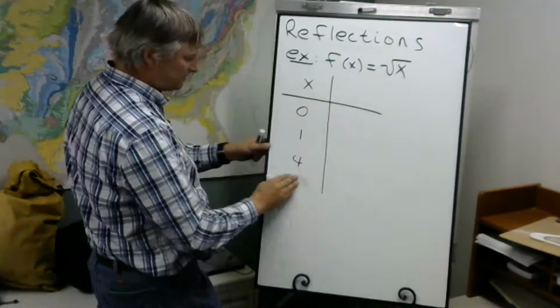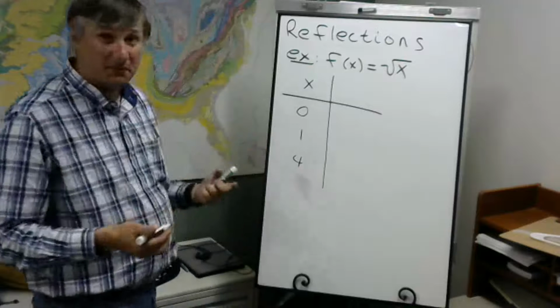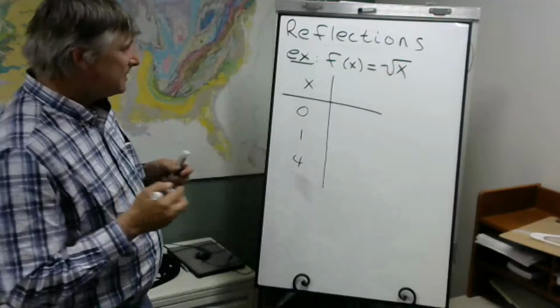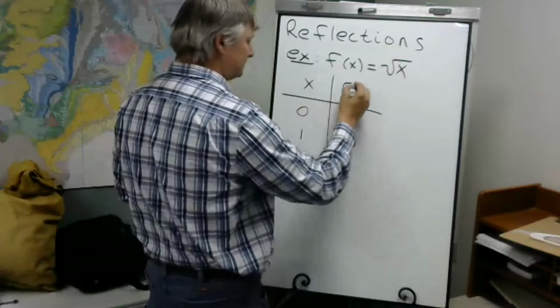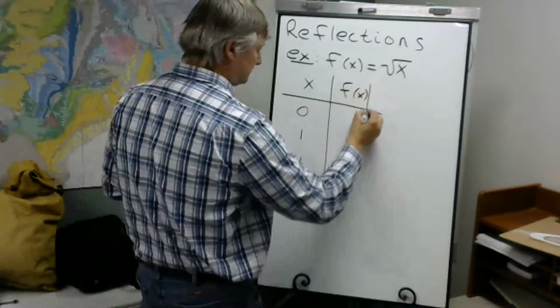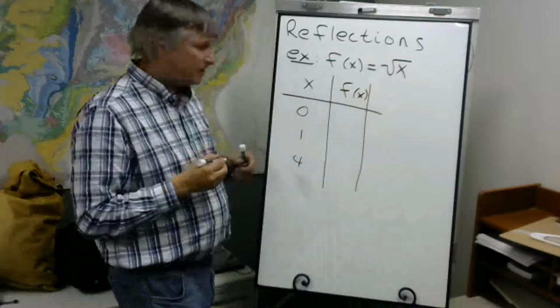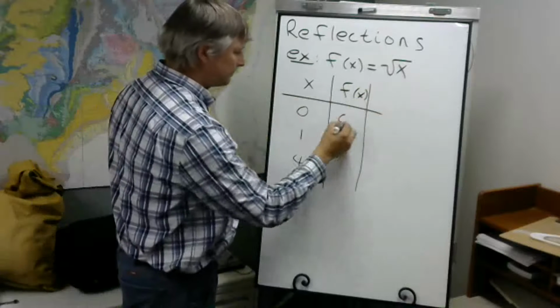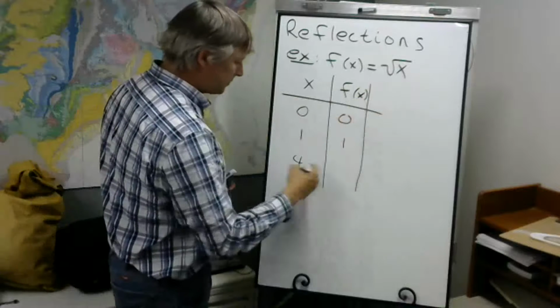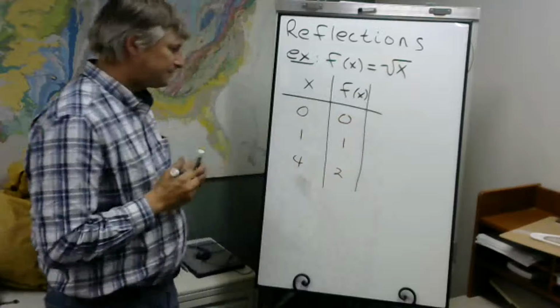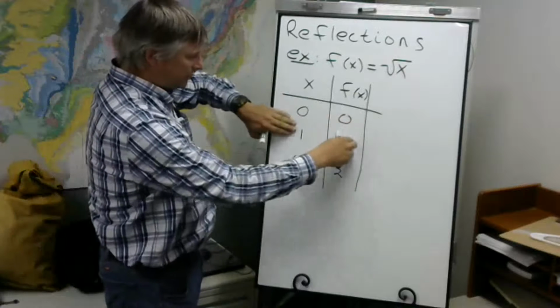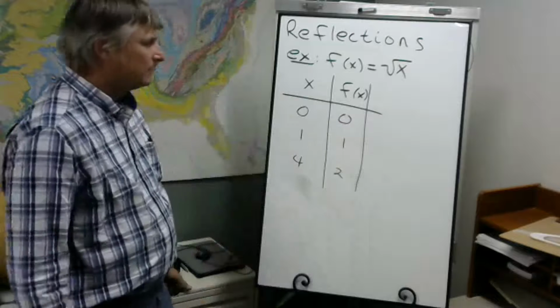We better stick with those, just to make sure our graph fits on the board. And then f of x. Well, that's just the square root of these. Square root of 0 is 0. Square root of 1 is 1. Square root of 4 is 2. So there's an ordered pair, ordered pair, ordered pair.